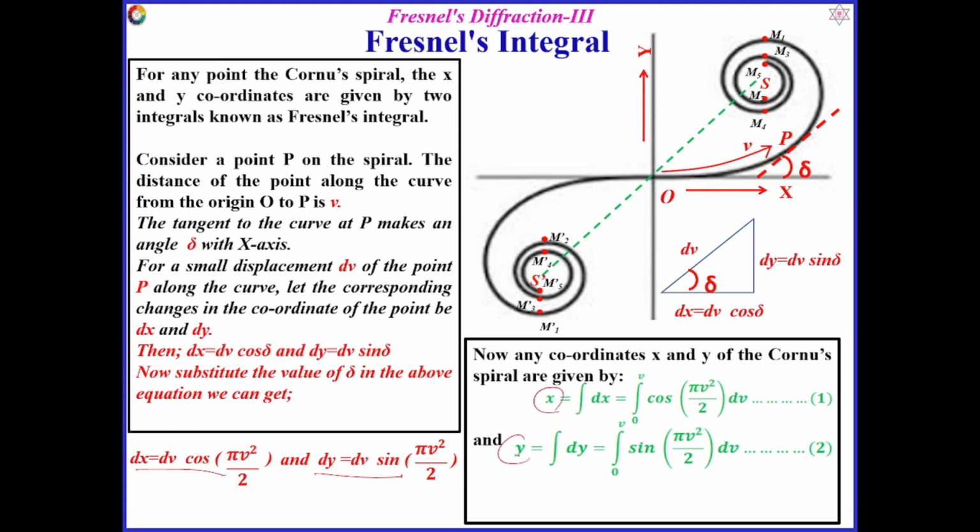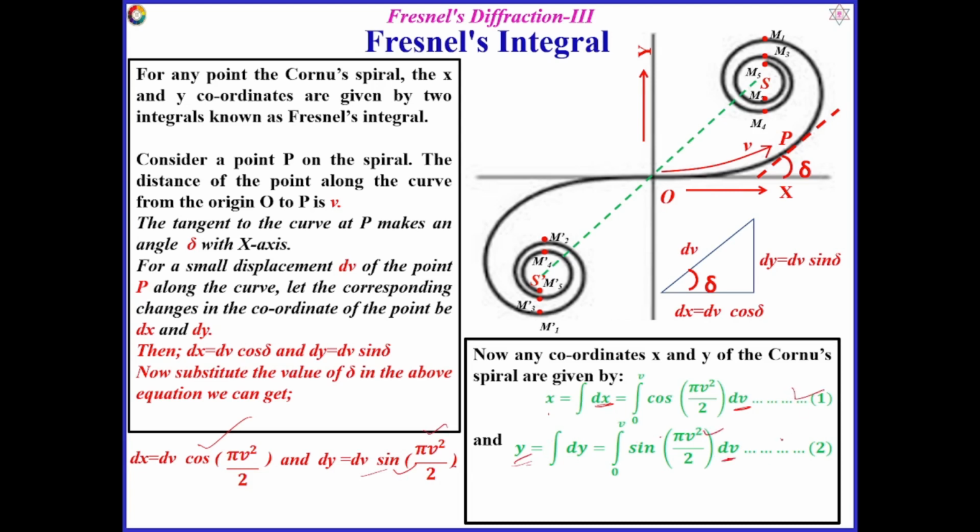To find x and y, suppose we consider a larger distance, and we are trying to find the x coordinate and y coordinate of this point P. x will be the integration of dx, that is cos of pi v square by 2 into dv, and y will be the integration of dy, that is sin of pi v square by 2 into dv.